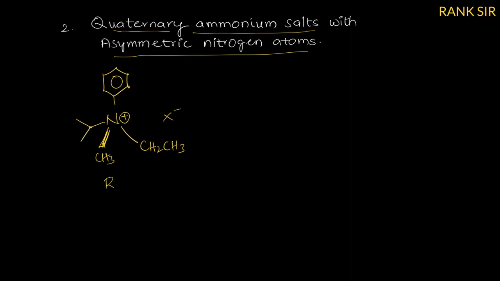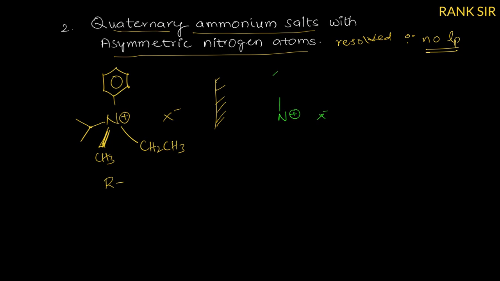If it is an R configuration, keep in mind there is no lone pair here. So why are these resolvable? Because there is no lone pair. If a lone pair is there, it undergoes inversion. So lone pair not there, that's why no inversion. Its mirror image is nitrogen with the positive charge and X minus.